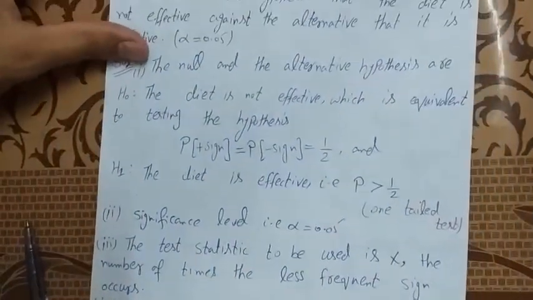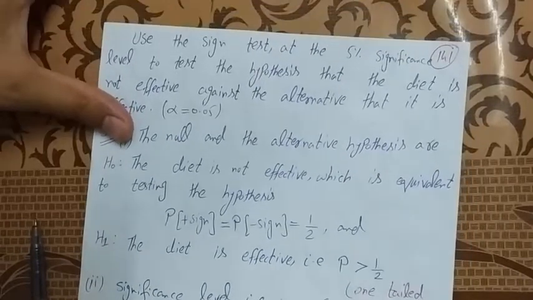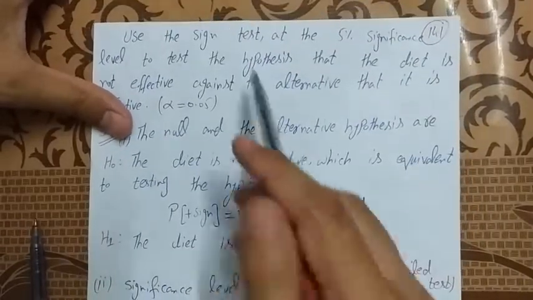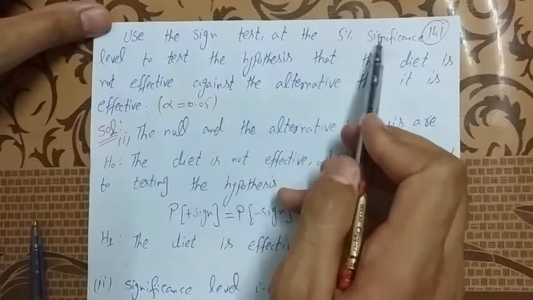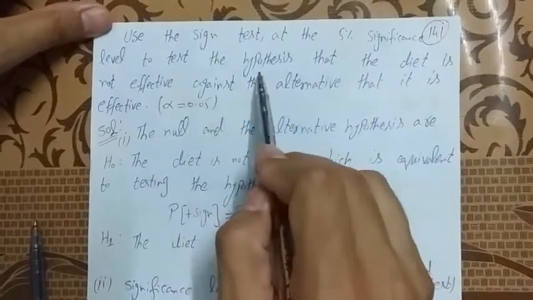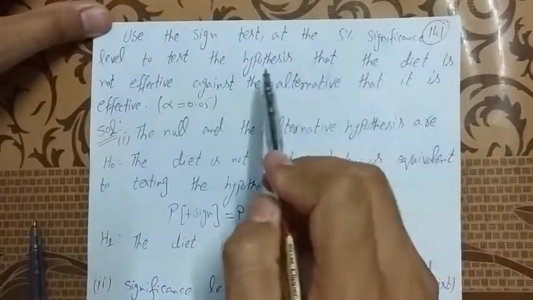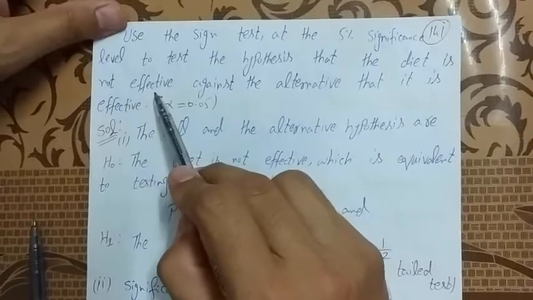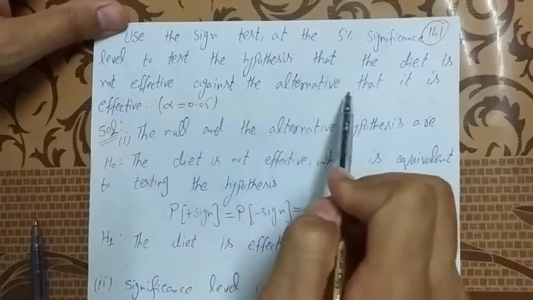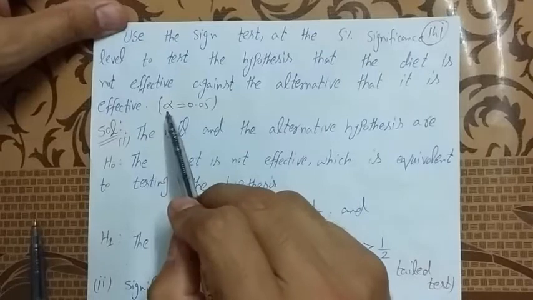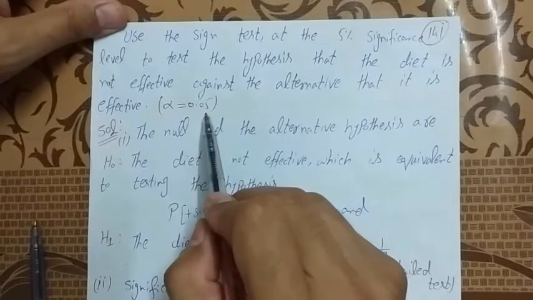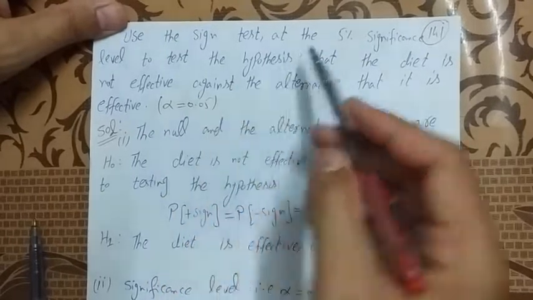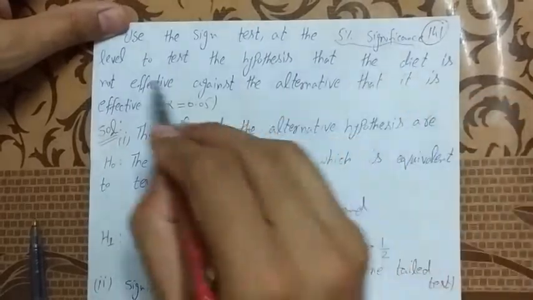So students, use the sign test at the 5% significance level to test the hypothesis that the diet is not effective against the alternative hypothesis that it is effective, and use alpha equal to 0.05, also given in this form.